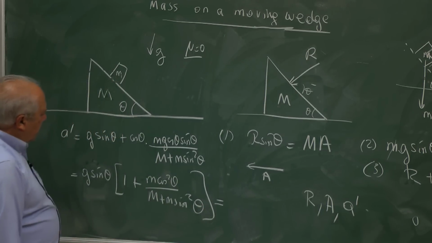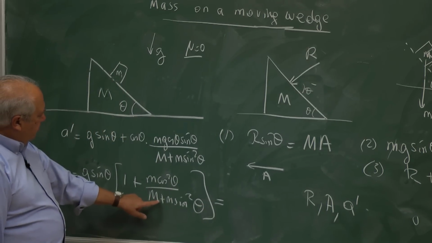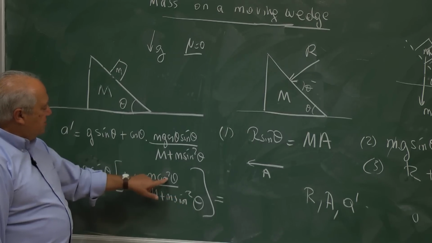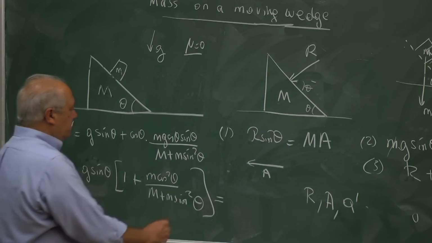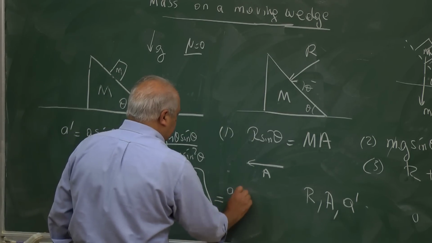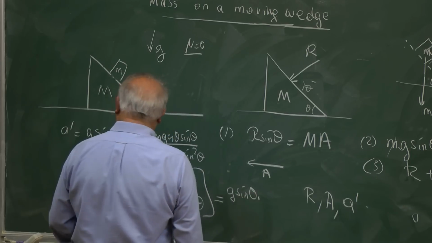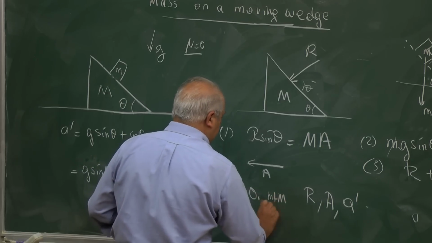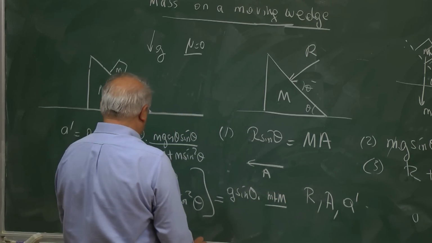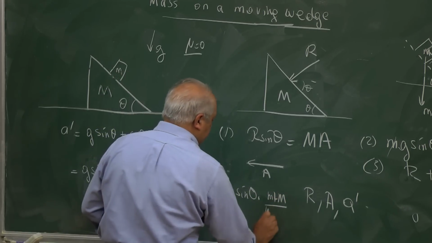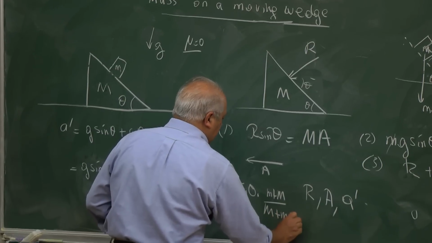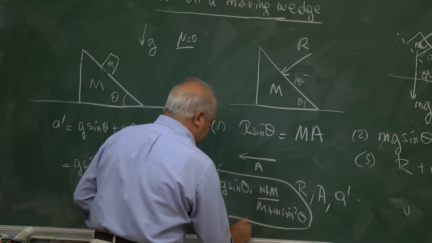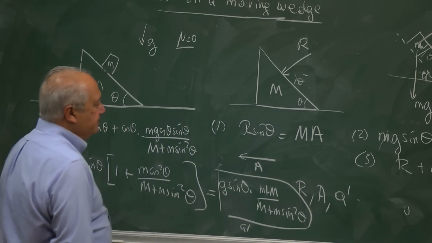When you put this thing upstairs, m sine square theta plus m cosine square theta is m. Therefore, the result is g sine theta times (m plus m) divided by (m plus m sine square theta). So this is our A prime.